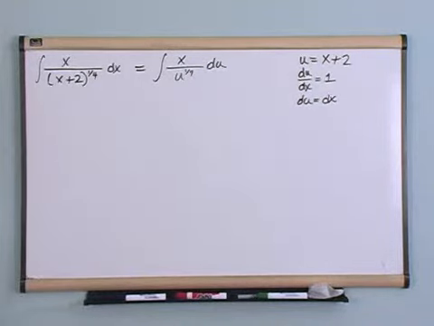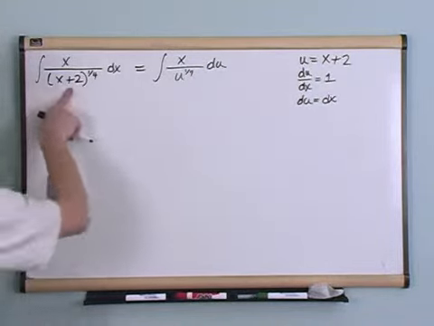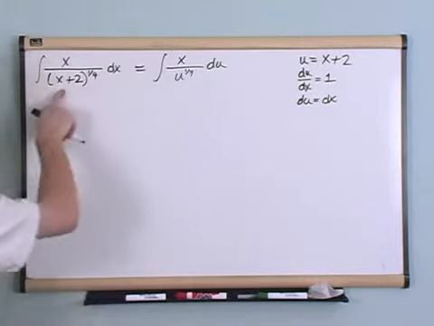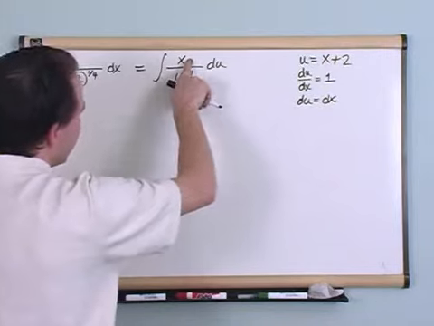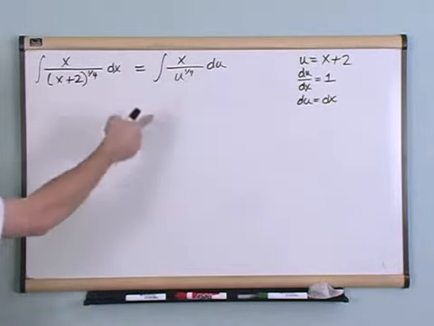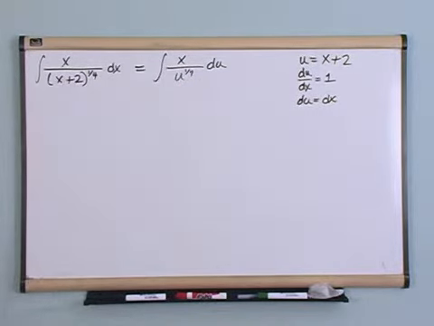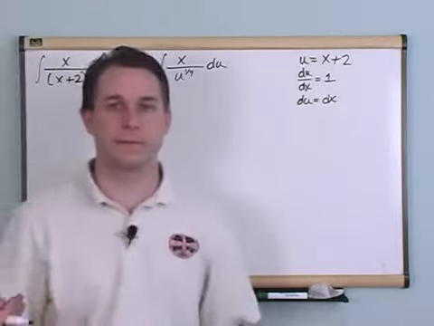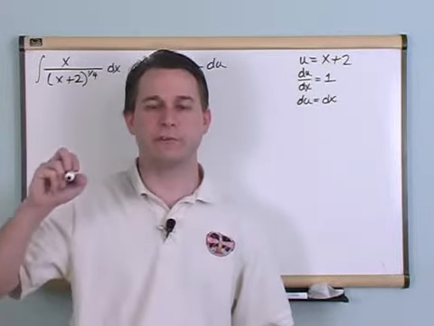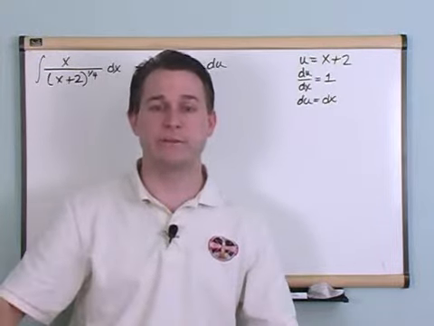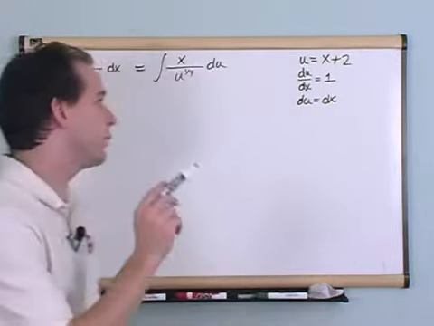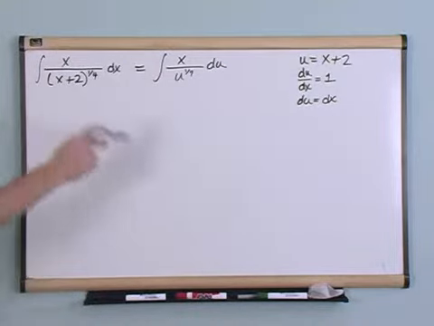I've done my substitution for dx and also for this, and in the end, I still have x here, and I have a u, and I cannot integrate that function. In all of the problems up until now, when we've done our substitution, we were able to cancel some x's somewhere, and then we're left with a function of u that I can integrate. Here, after we've done the substitution, you can't do that.